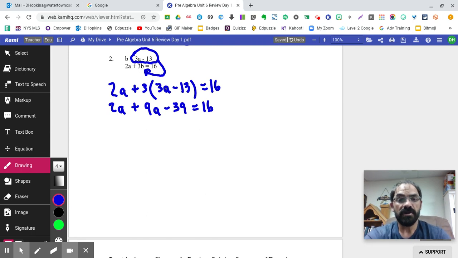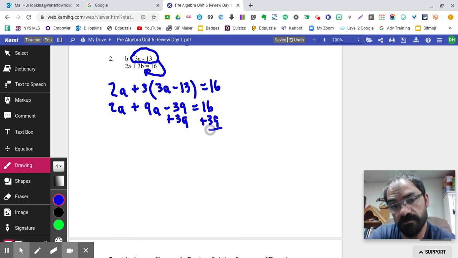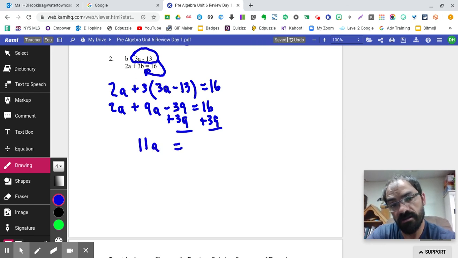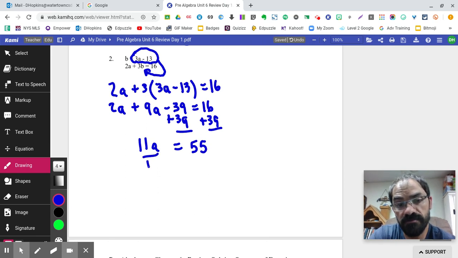And here I can combine like terms and, at the same time, add 39 to both sides. So 2a plus 9a is 11a. 39 plus 16 is 55. Divide both sides by 11.